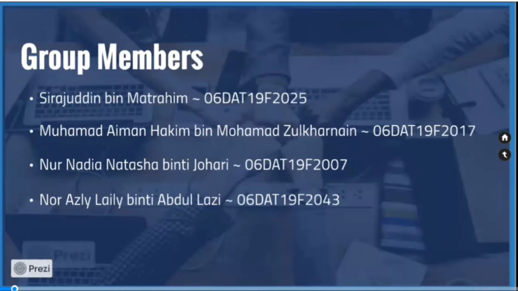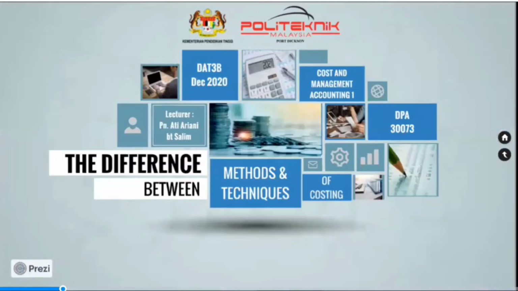Hi, my name is Muhamad Hakim bin Muhammad Zulkarnain and my matric number is 06D8019F2017. Assalamualaikum. Hi, my name is Azly Laily binti Abdul Aziz and my matric number is 06D8019F2043.